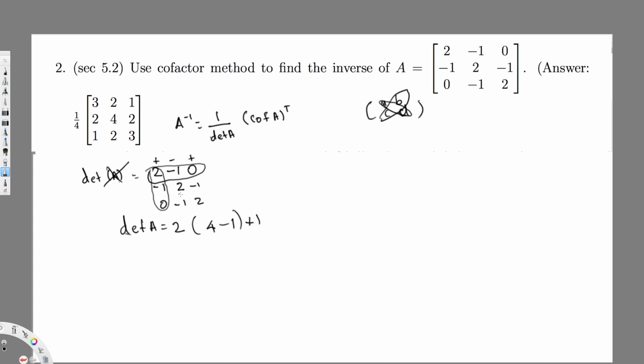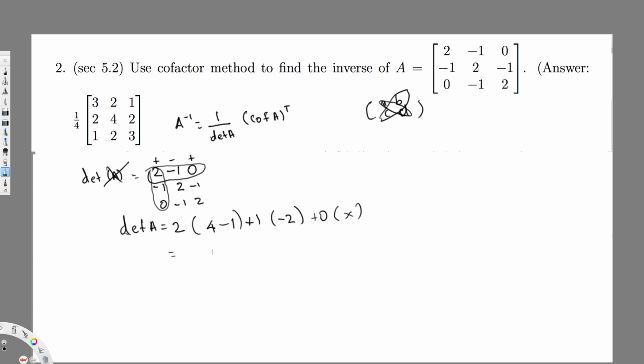Then -1 times 2 is negative 2, and 0 times -1 is 0, so it's just negative 2. And this is 0, so plus 0. 0 multiplied by any number is 0, so we don't even have to look at that.